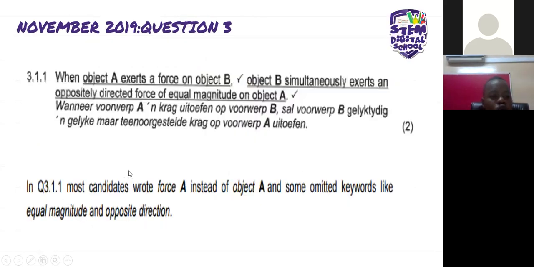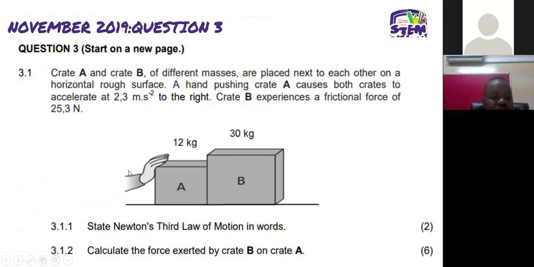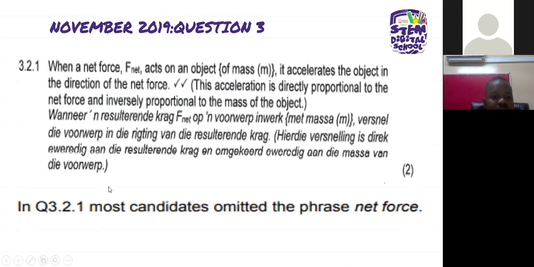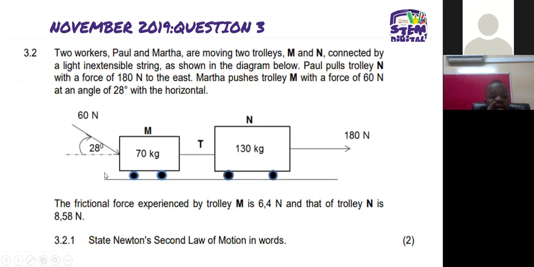Now, let us go to question 3.2.1. It reads as follows. Two workers, Paul and Martha, are moving two trolleys, M and N, connected by a light inextensible string as shown in the diagram below.